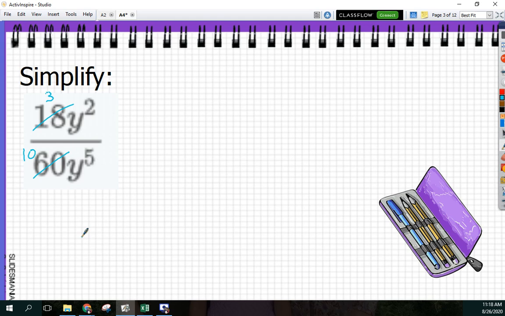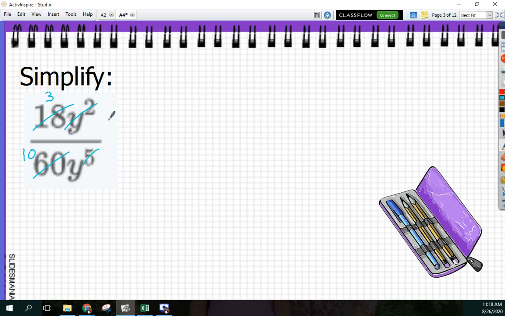Also notice that we have common factors for our y's. So we have 2y squareds on top, 5y's on bottom. And we can reduce these by thinking about it as subtraction, or reducing the number of y's that we have on top into the y's that we have on bottom.